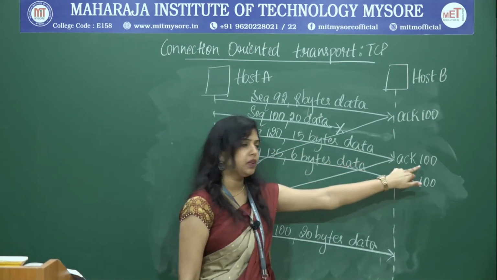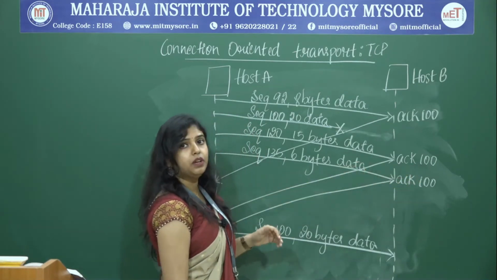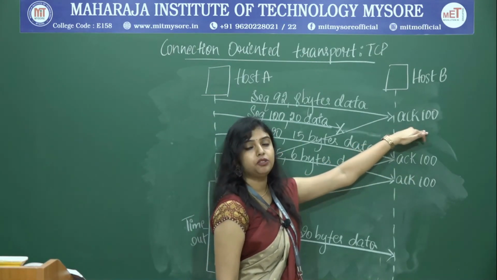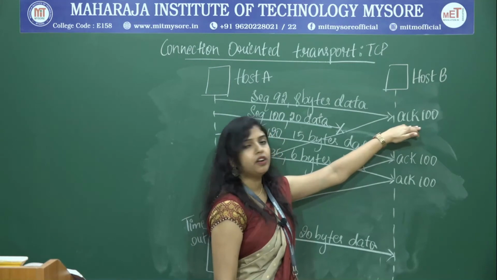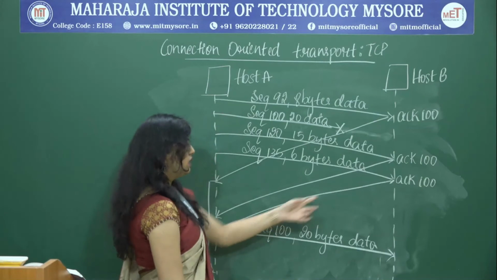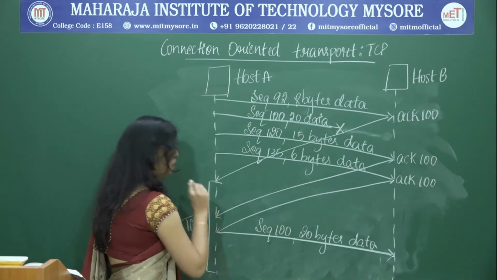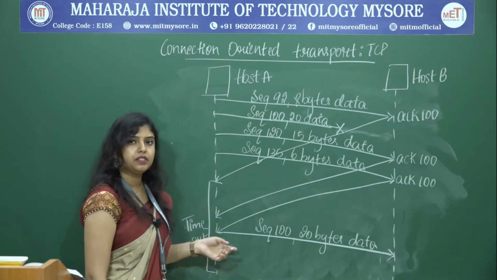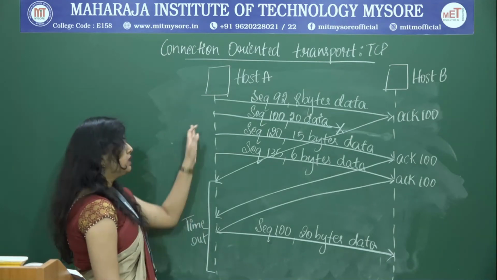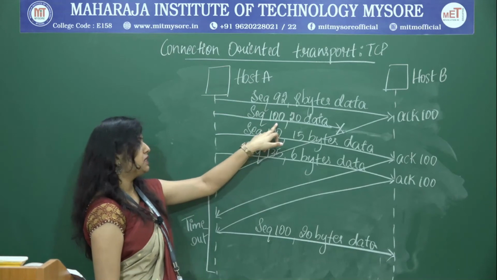has been received by host B, but still it won't provide the most recent acknowledgement number. It will provide again the one which was recently correctly received, which was in order. Acknowledgement number 100 only it is sending. When the sender receives duplicate acknowledgements with the same number, before the timeout can occur, the sender can make out that sequence number 100 is missing.